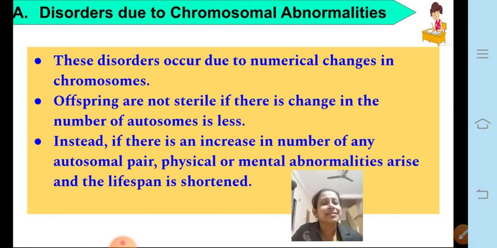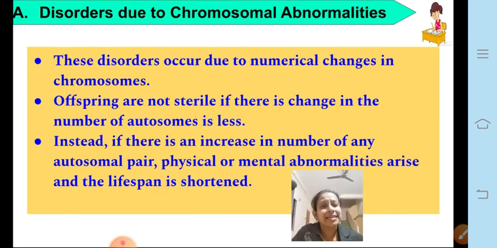Okay, and instead if there is an increase in the number in any of the autosomal pairs, then what can happen to such people? Then there might be some physical abnormality or maybe some mental abnormalities arising, and even their lifespan is shortened.